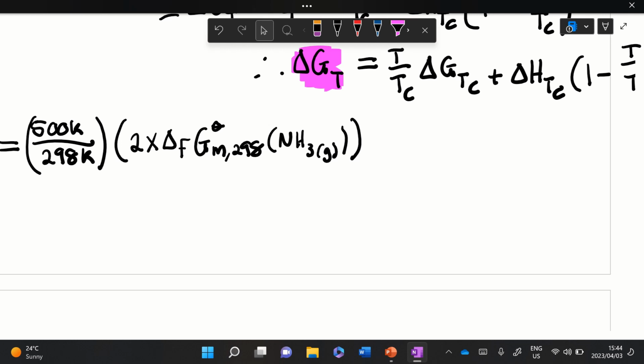The formation energy of your reactants in this case is 0. So in other words, products minus reactants, it's just the formation energy of the product that's applicable here.